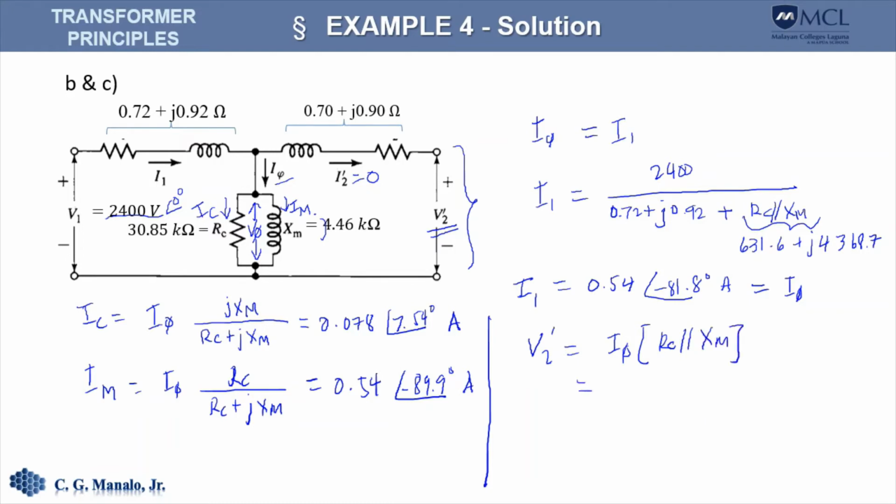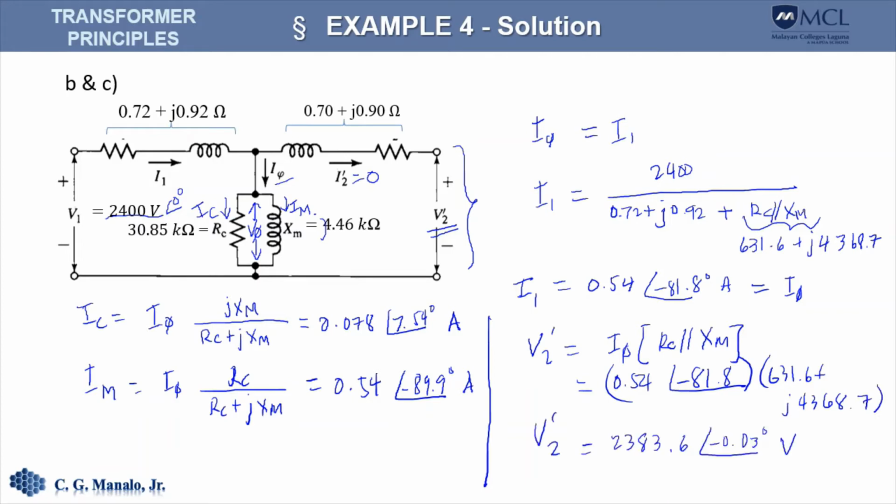So that would be this times this, and that will give us, okay, so that is our V2 prime. Notice that the value of V2 prime is close to the applied voltage, including its phase angle, so that is an indication that our computation must be correct.